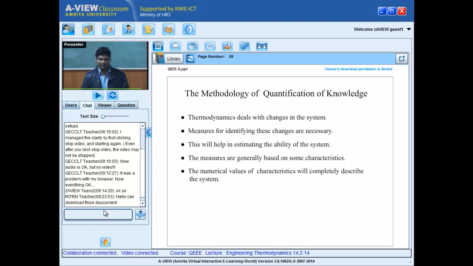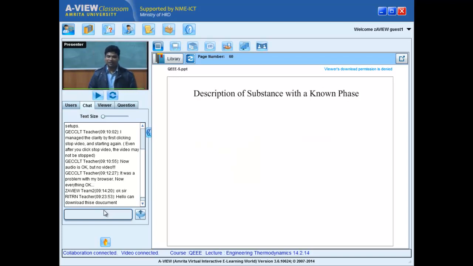You imagine, very interesting: the moment you quantify, your product will be sold because people think that you know what you are doing. That's where the numerical description of a substance with a known phase comes in. I know it is a solid, I know it is a vapor, but still I want to get a number, or even the numbers can differentiate. What is the obvious thing which can be given a number?